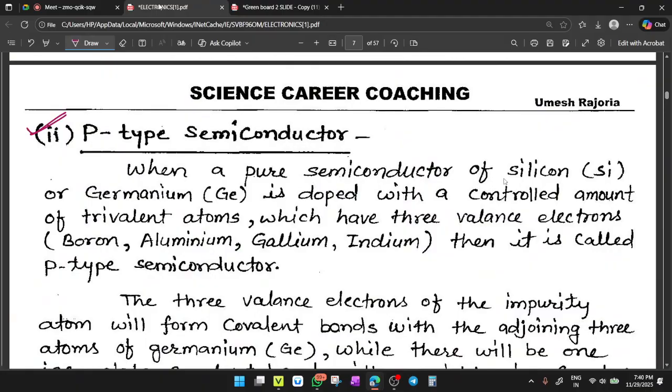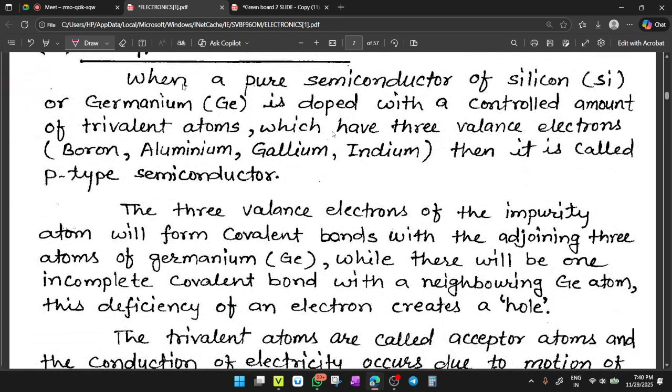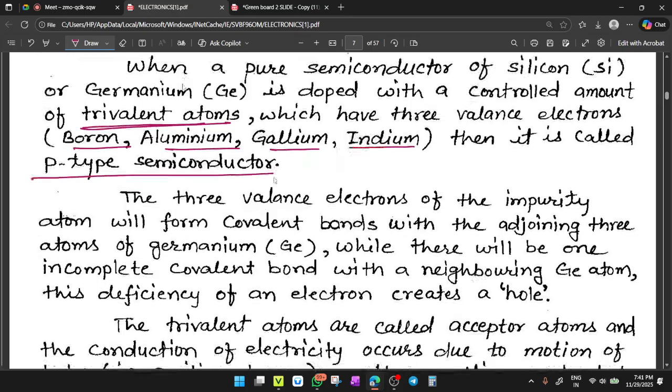Now, when a pure semiconductor of silicon or germanium is doped with a controlled amount of trivalent atoms, trivalent atoms meaning 13th group atoms, which have three valence electrons in their valence orbit, like boron, aluminium, gallium, indium, then it is called a p-type semiconductor.